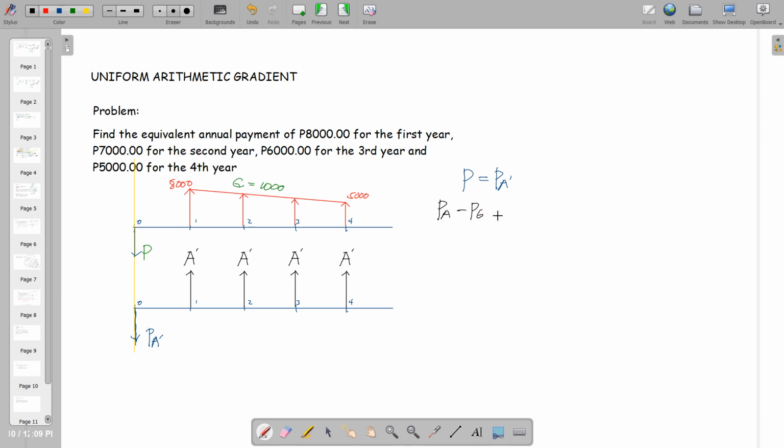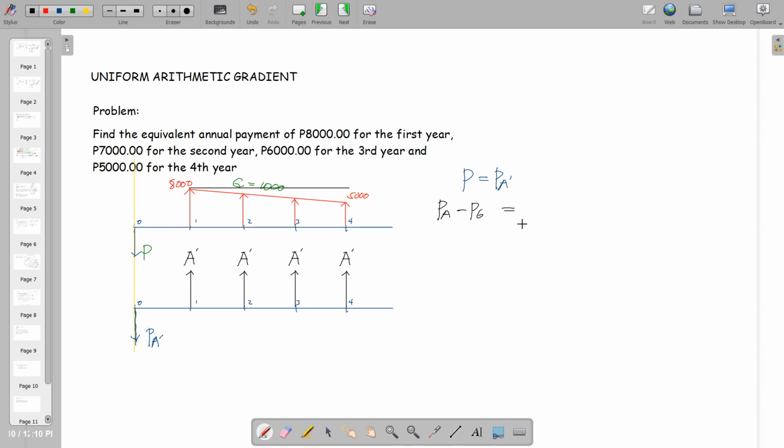So we can treat the first cash flow as the difference of the present worth of the annuity of this. So if we construct a line, this is the line, and we have the corresponding gradient. It is negative because the gradient is decreasing.